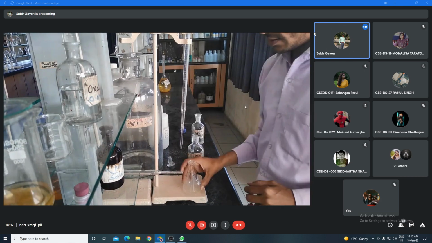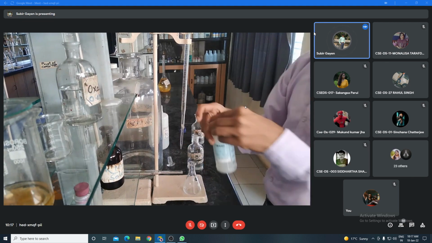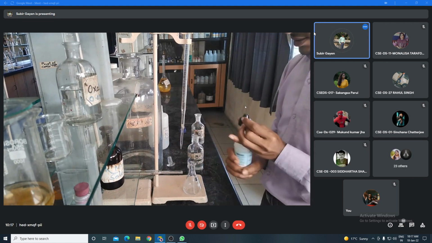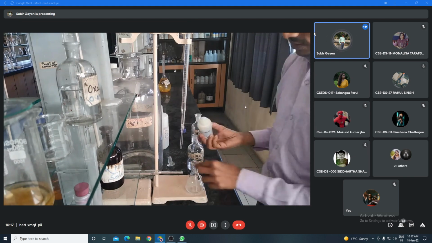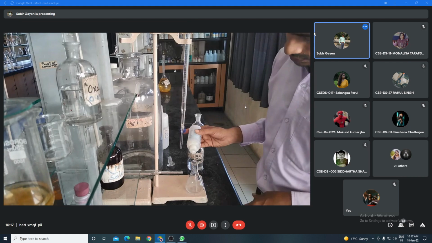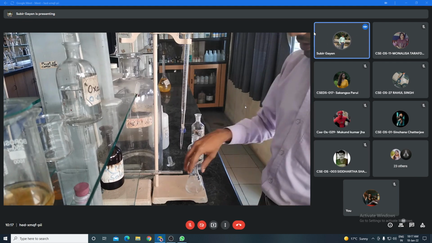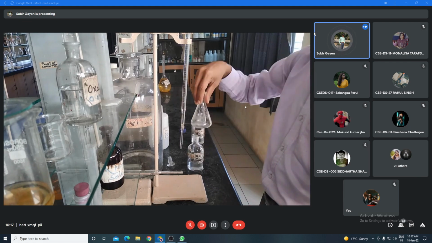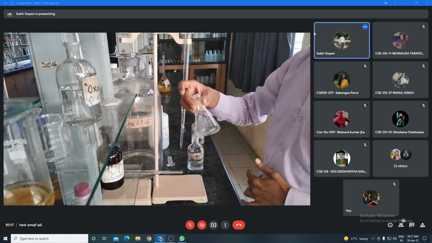Then I have to add 1 drop of phenolphthalein indicator into this layer, that is, into this conical flask. Initially, the color of the solution is colorless.